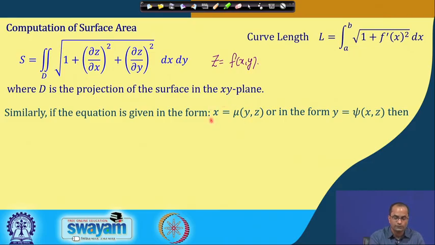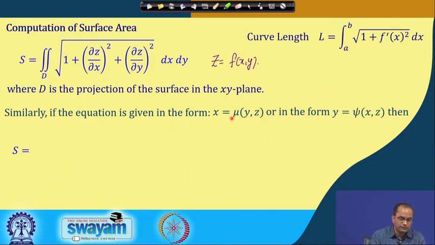So, for x is equal to a function of y and z, the partial derivatives with respect to y and z will appear, and this domain will be the projection of the surface in the y z plane. And in the case when the function is given by y is equal to psi of x z, the integrand will have the derivatives with respect to x and z, and again the domain of the integration will be in the x z plane, where we will be integrating this integrand.